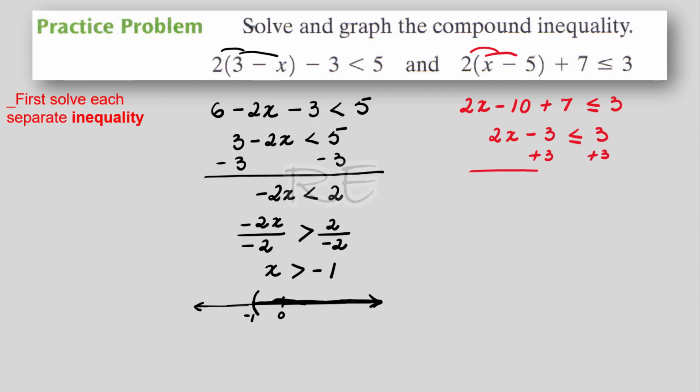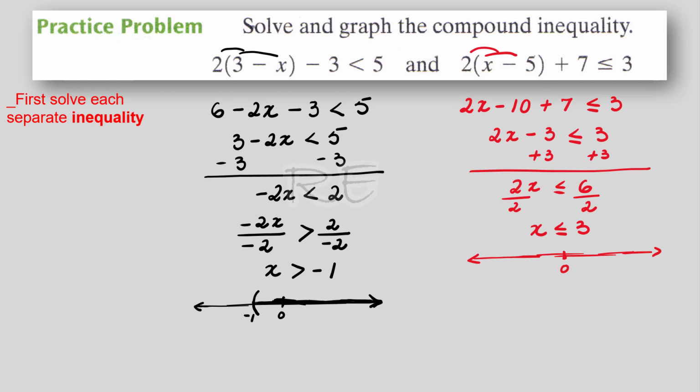We add 3 to both sides. 2x less than or equal to 6. And after we divide both sides by 2, x will be less than or equal to 3.